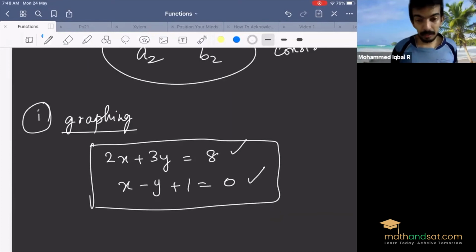By graphing. Okay, we're not talking about any other method right now. We're talking about graphing. What do you think will be the solution?